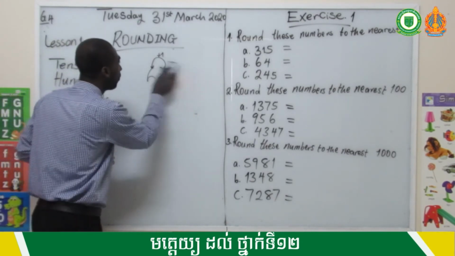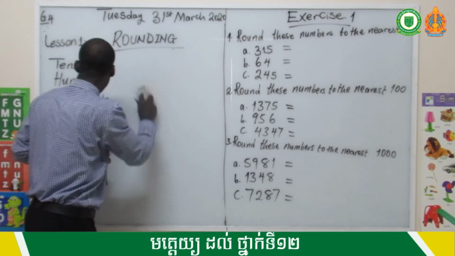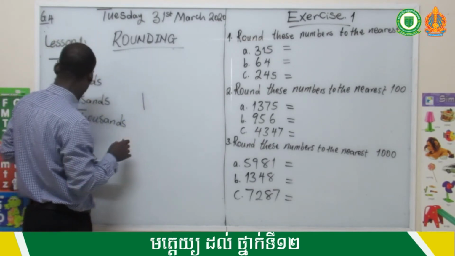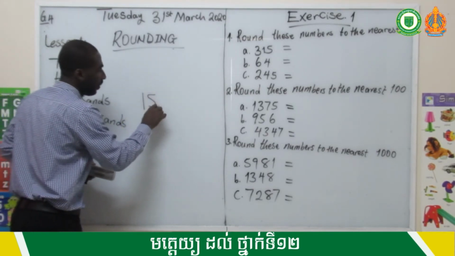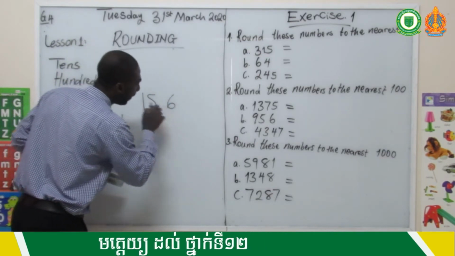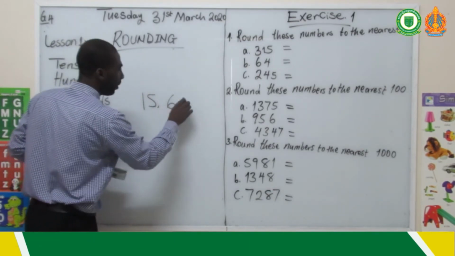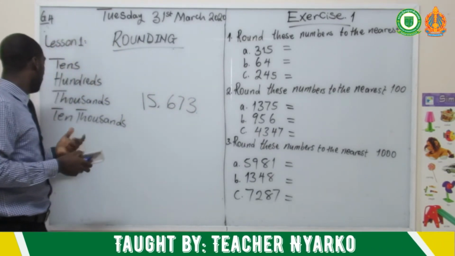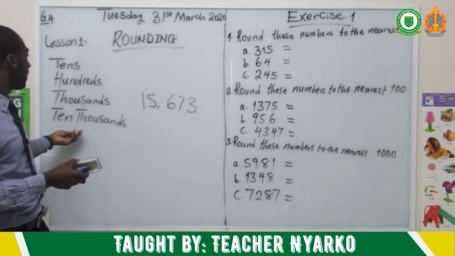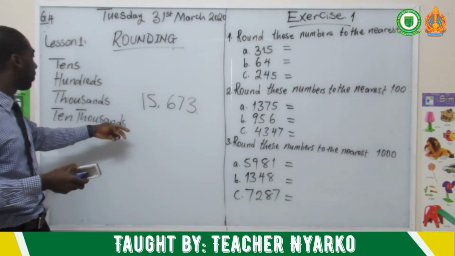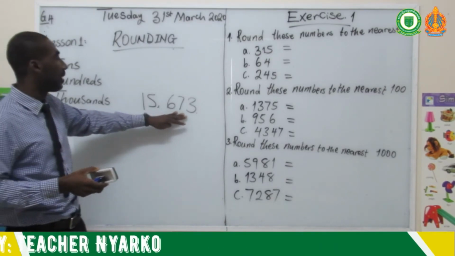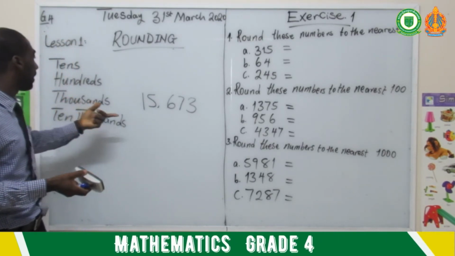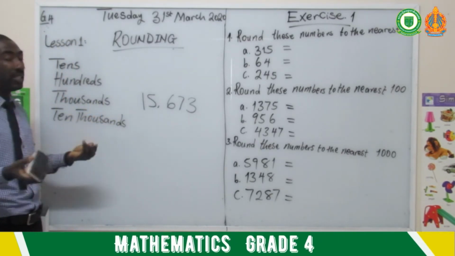Okay, now let's do some examples on 10,000. So we have 15,673. We are looking at our figures in 10,000. We finished with our thousands and we are looking at our 10,000.